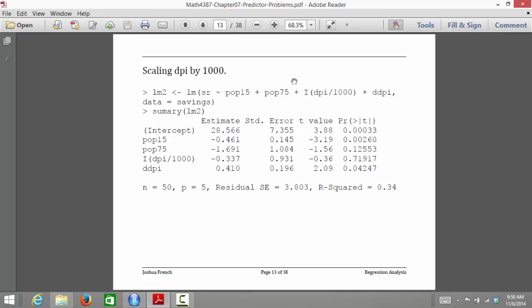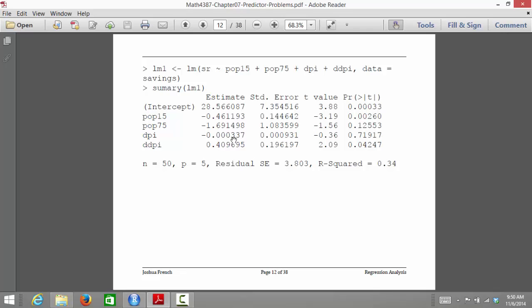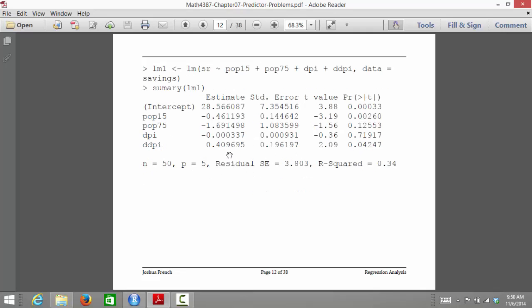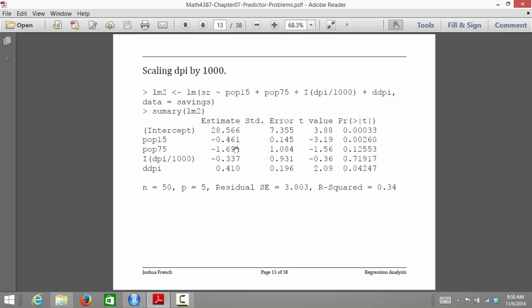The I function is a protected function, and essentially it tells R to do this calculation first, and then add the transformed predictor into the regression model. So I scale DPI by 1,000, and you can compare these numbers to all the previous numbers. They look identical, except that I've multiplied this number by 1,000. I move that decimal place over 3 places, and I get negative 0.337 instead of negative 0.000337. As you might expect, this is quite a bit easier to interpret, though now our scale is disposable income in thousands of dollars, not in $1 units.